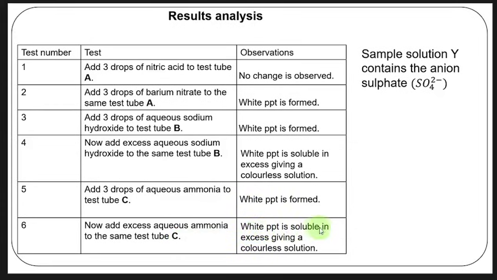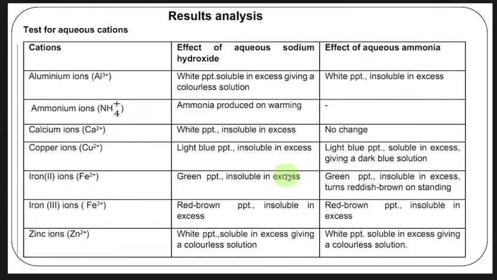White precipitate is soluble in excess, giving a colorless solution. So when we look at this, we come to the result here. The result is insoluble, so it is not matching. So since we are not matching here, then our solution Y does not contain this cation.